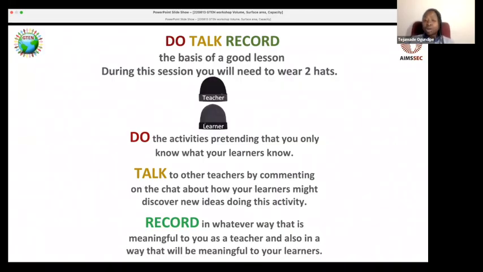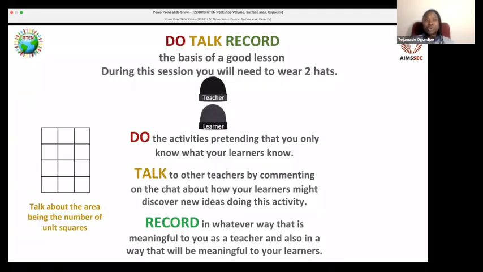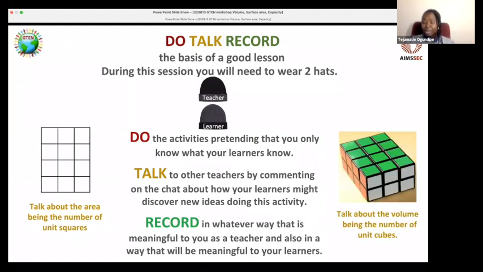And you have to record in whatever way is possible, or any way that you think is meaningful to you as a teacher and also meaningful to your learners. So we want you to talk about the area being the number of unit squares. Look at it. Talk about the area being the number of unit squares, and also the volume being the number of units cubed.